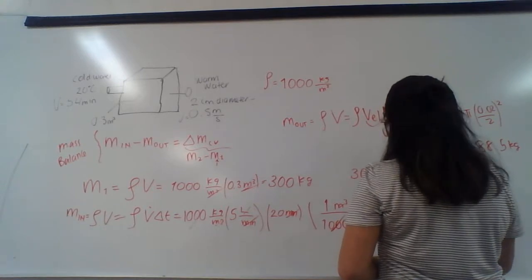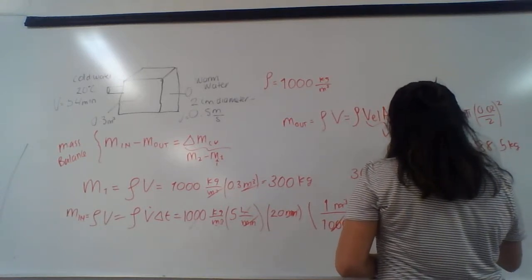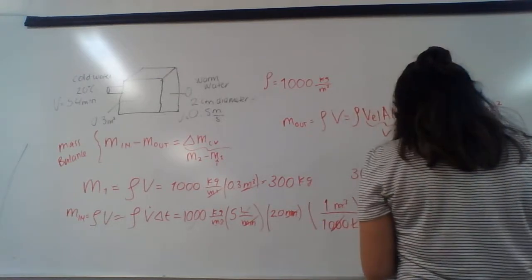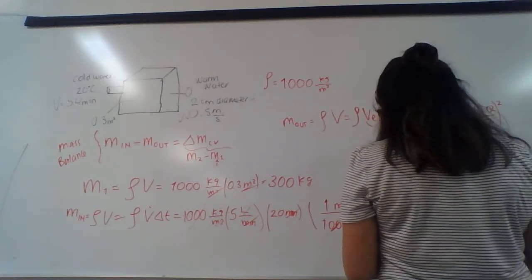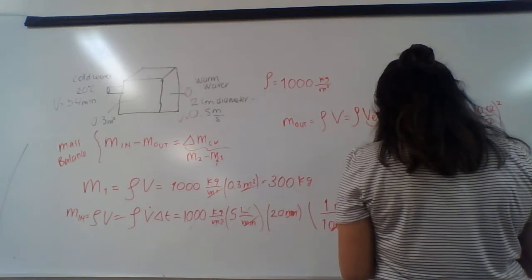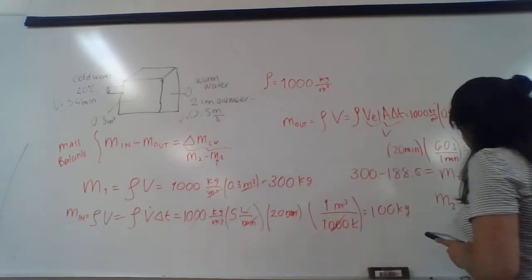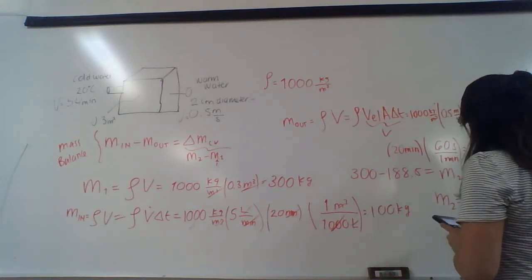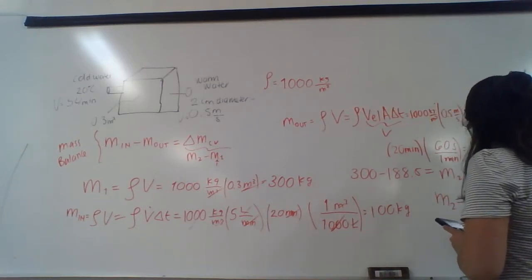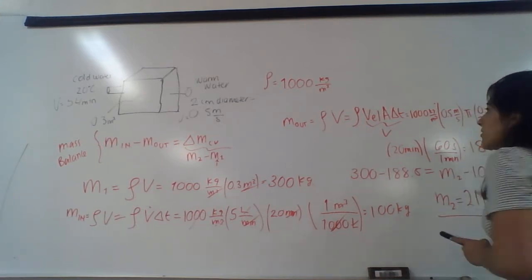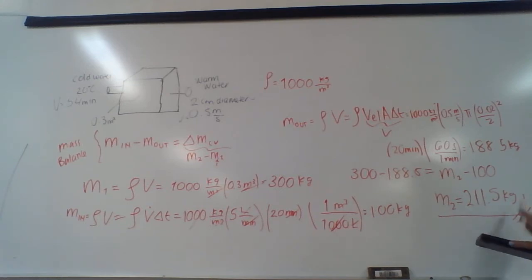So if we clear this equation, we get that M2 equals 300 minus 188.5, the mass 2 equals 211.5 kilograms. So that's our answer.